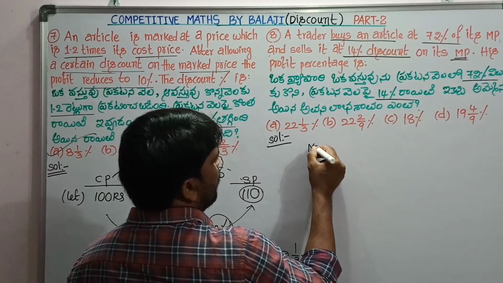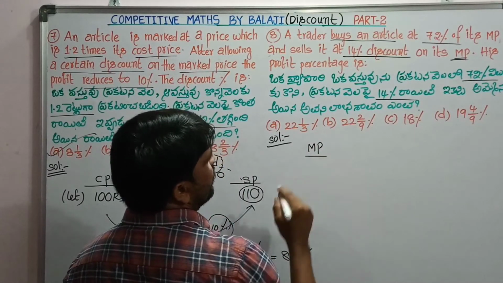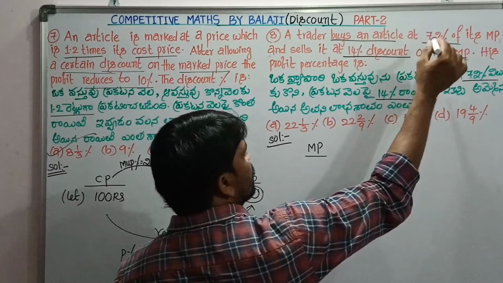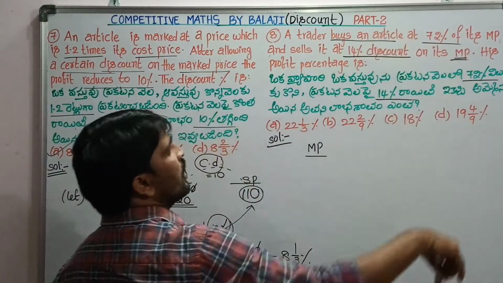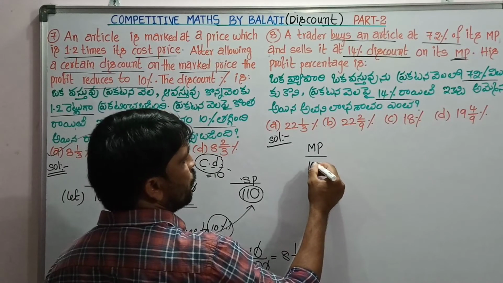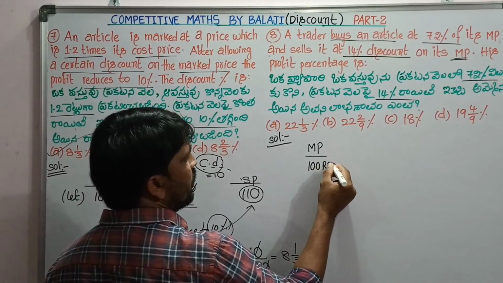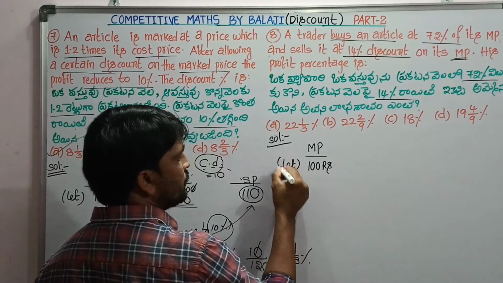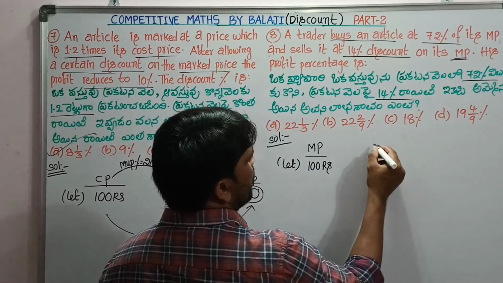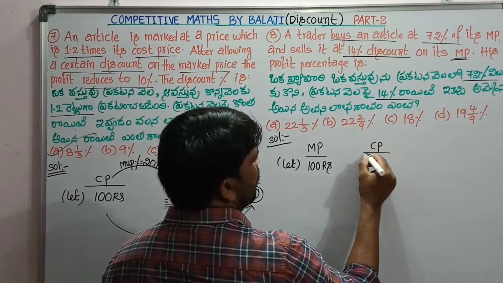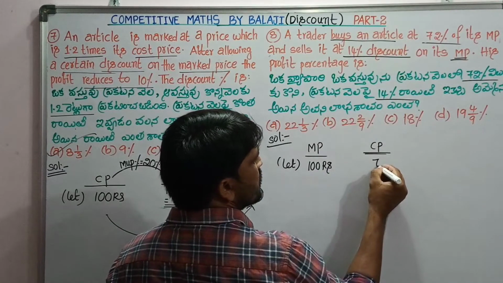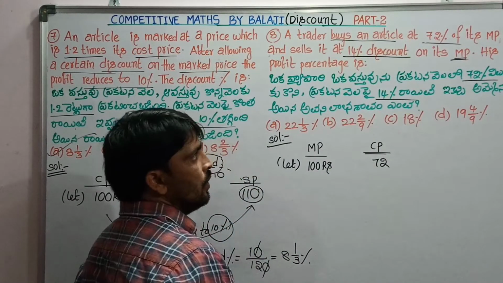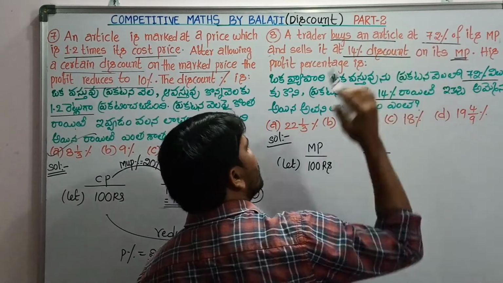Here we have that he buys at 72% of the market price and allows 14% discount on the market price. So let us suppose the market price of the article is 100 rupees. Then the cost price of the article is 72% of 100, that is 72 rupees only. 72% means for every 100 it is 72.